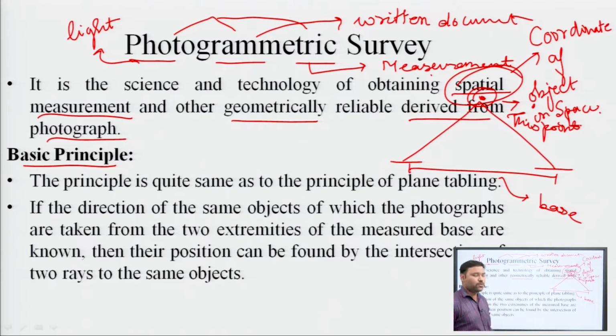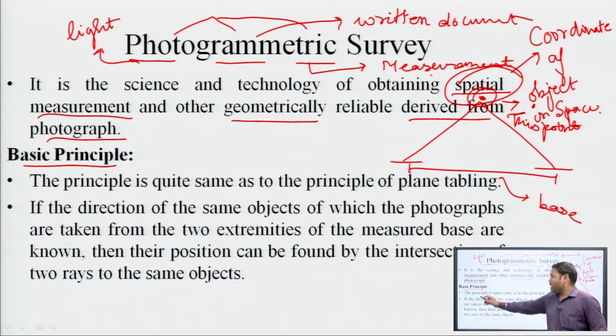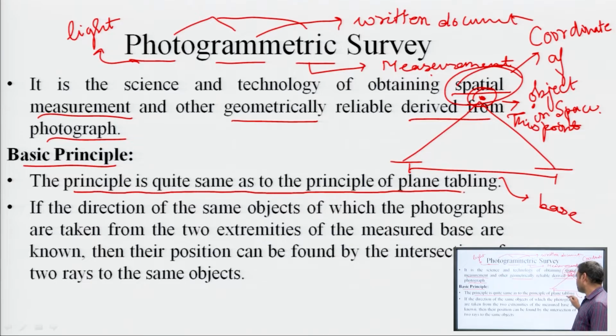This principle is used in photogrammetry for obtaining the coordinates and other geometrical data. Again, by selecting two different points of known base length, we can find the coordinates of other points.